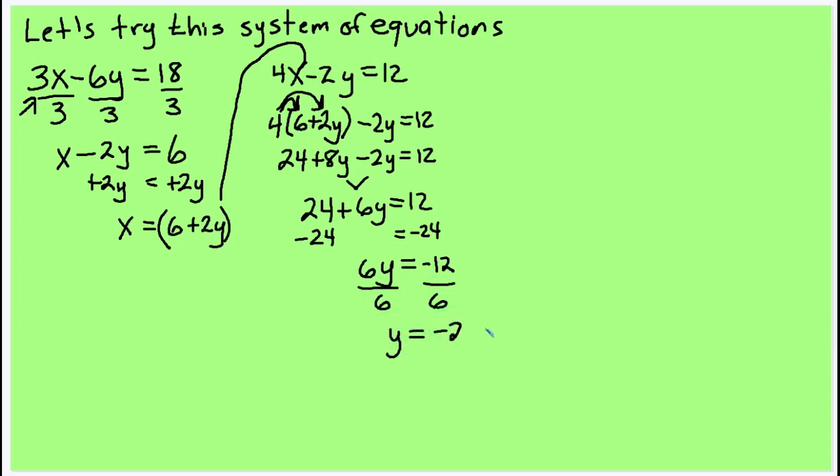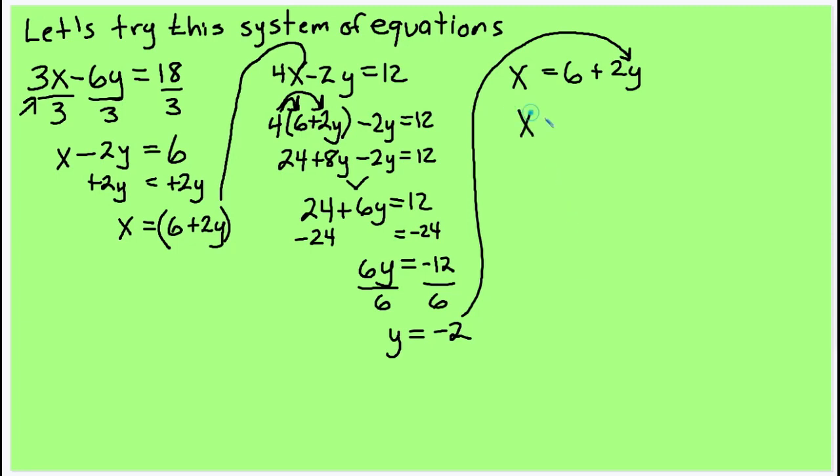Now I use that and substitute back in my other equation where I have x is equal to something. So that's my other equation right there. I'm going to write that down over here. And I get x equals 6 plus 2y. And I'm going to substitute that negative 2 in for that y. So now I get x is equal to 6 plus 2 times parentheses negative 2.